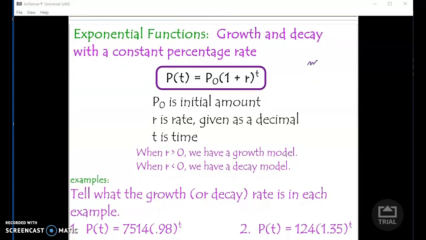So when we're setting up a formula or an equation that we want to make from a word problem, P of t equals P naught times (1 plus r) to the t power. So this is the formula that we'll be using. P naught is going to be our initial amount.